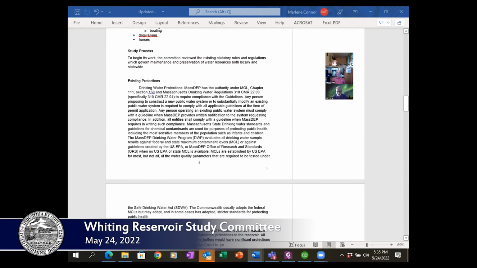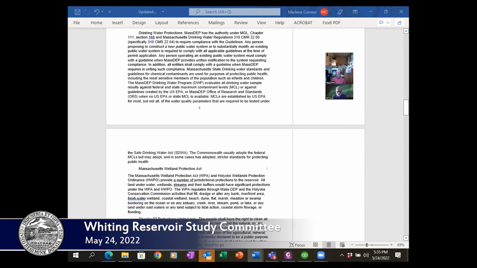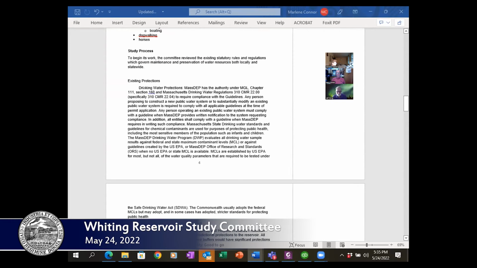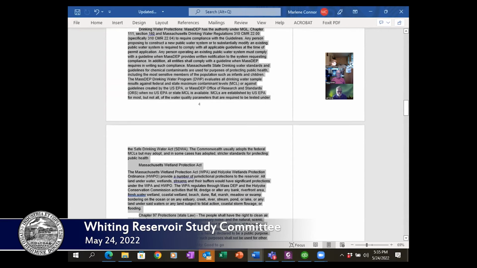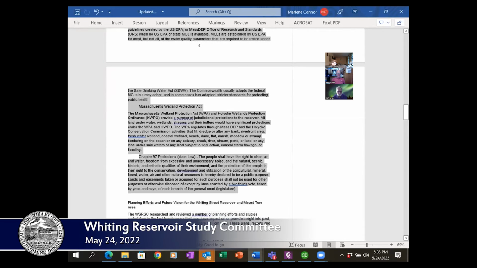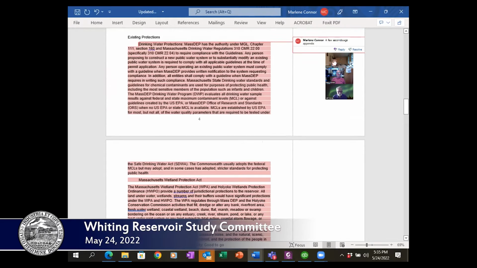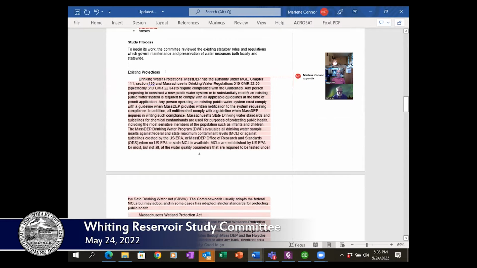Okay. And I would say very simply that there are several existing protections for the reservoir, but all of them can be reversed through one type of legislative action or another.